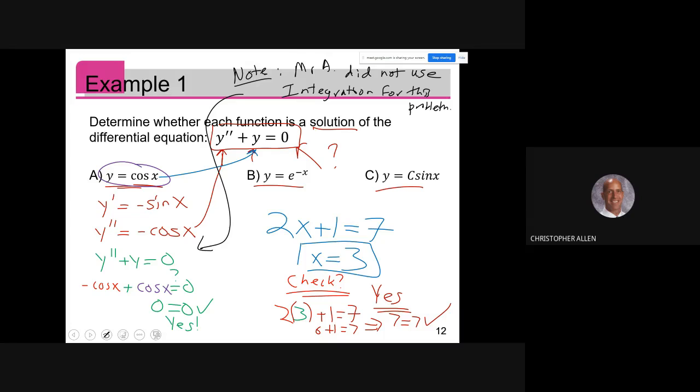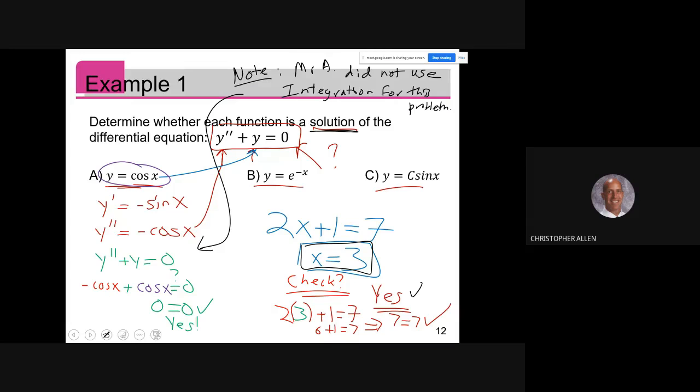The point of this problem here is not for you to find the solution. Nowhere does it say find the solution for this differential equation. It says determine if these guys are solutions. Just like down here, if I would have said, hey, determine, is x equals 3 a solution for 2x plus 1? The answer was yes. That's what I want you to do. I did not integrate.